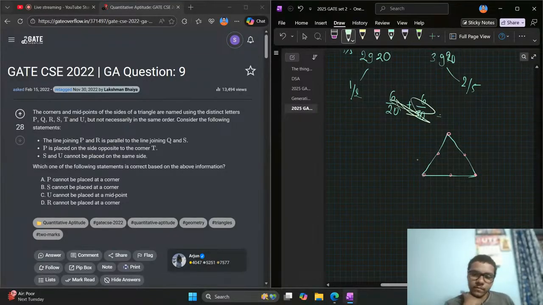So P R, Q S, or they might interchange. P is placed on the side opposite of corner T.